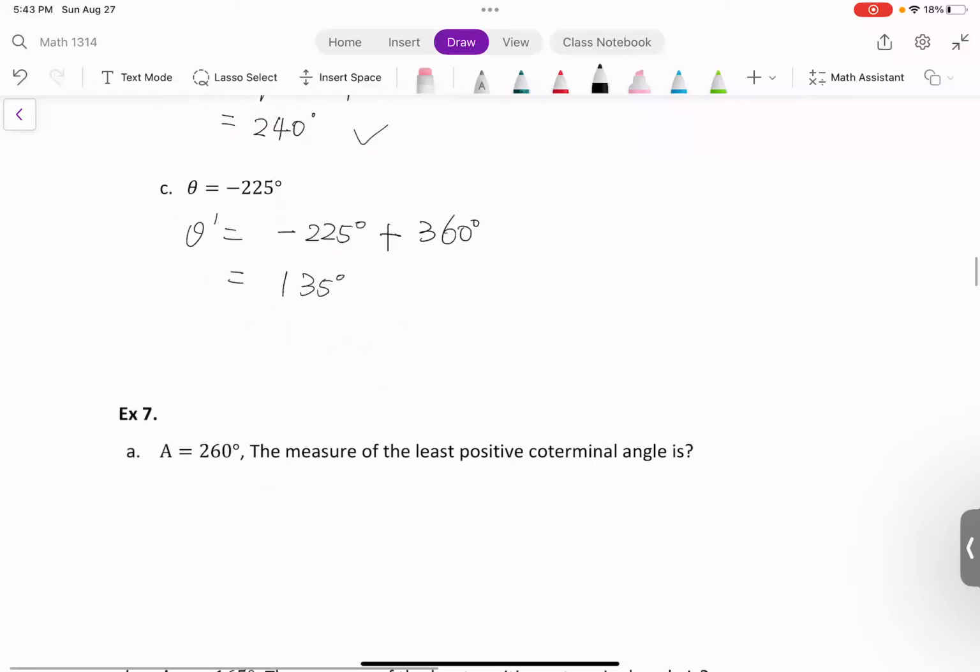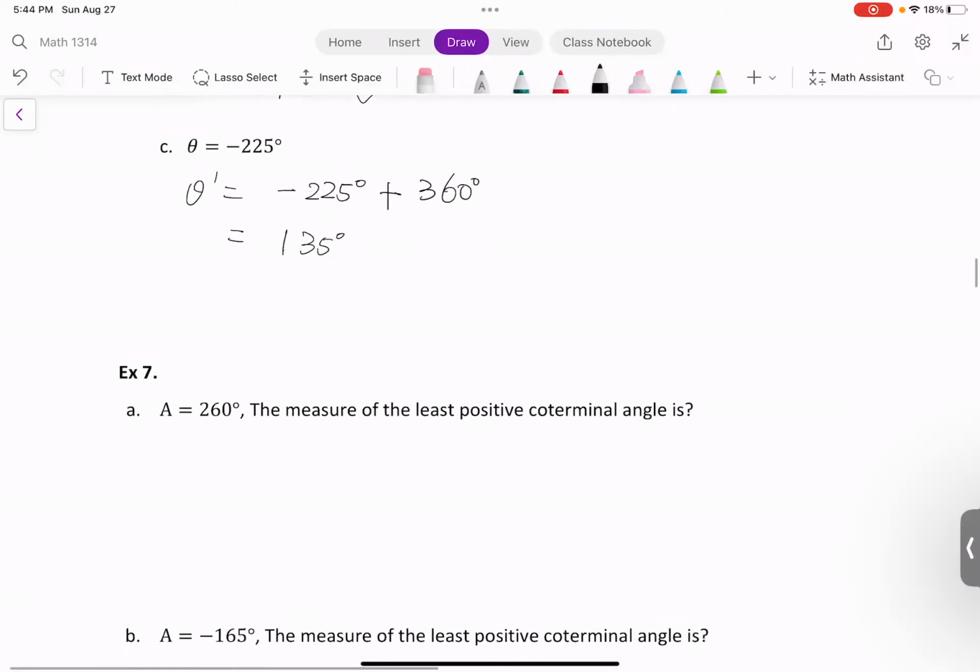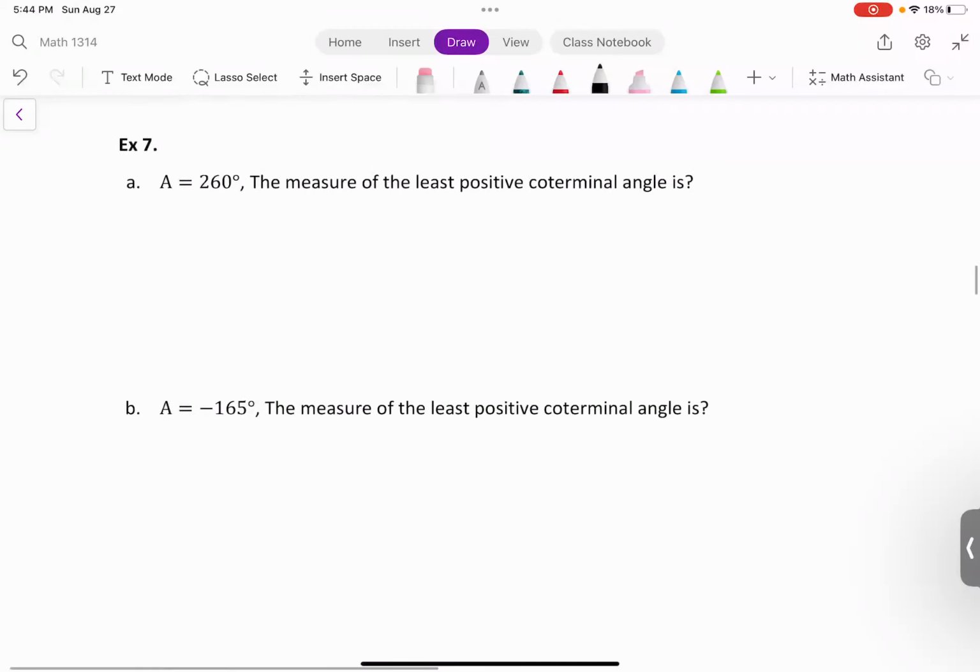All right, let's see number 7. My cheat sheet, yes, there's no mistake. Example 7, number A. The angle A equals 260 degrees. The measure of the least positive coterminal angle is... What's the meaning of least positive coterminal? Least means the smallest.